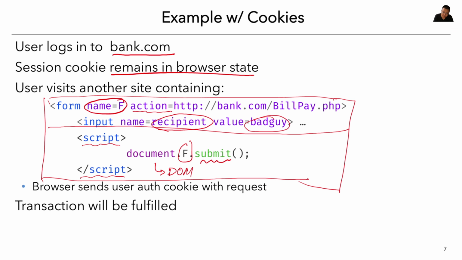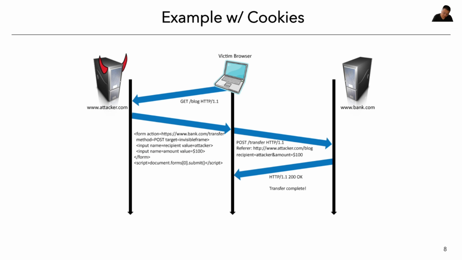When this JavaScript is executed, the browser will send this request to this URL as marked by action, along with the authentication cookie. So the transaction will be fulfilled. So this is a cross-site request forgery vulnerability.